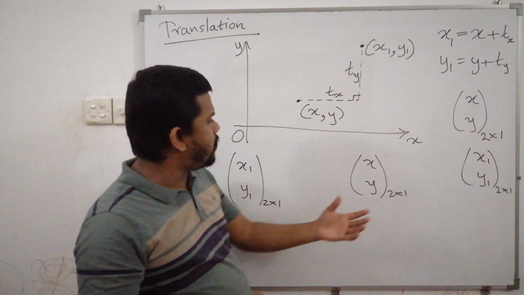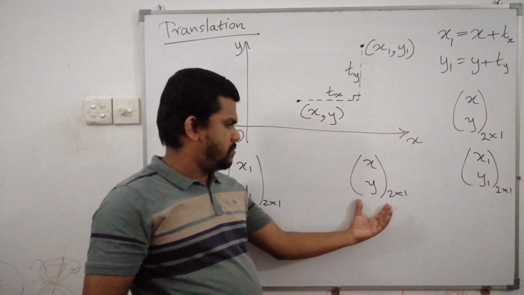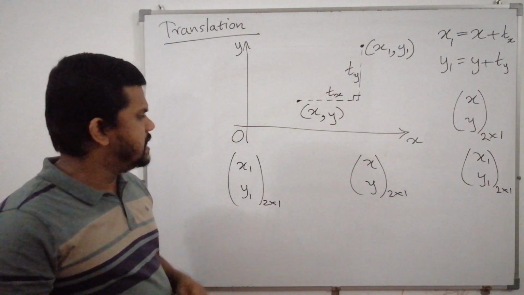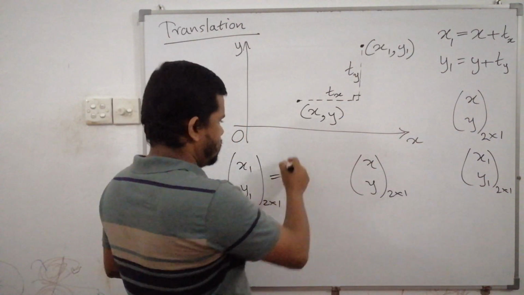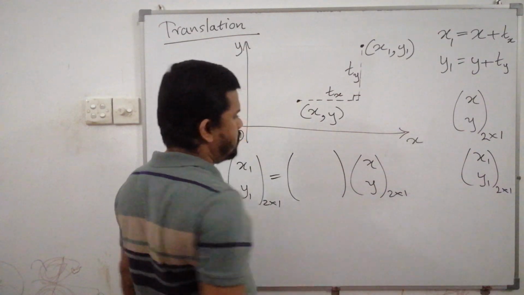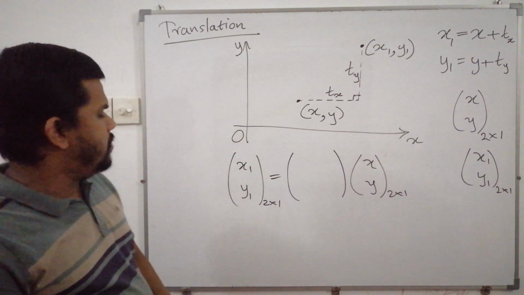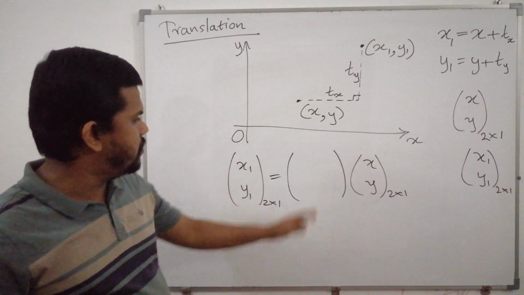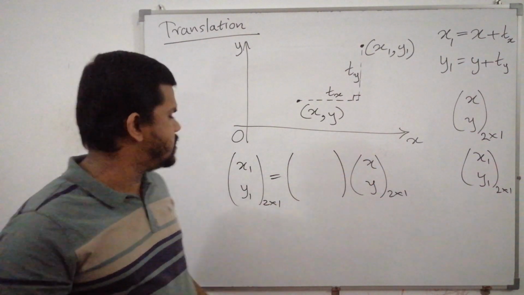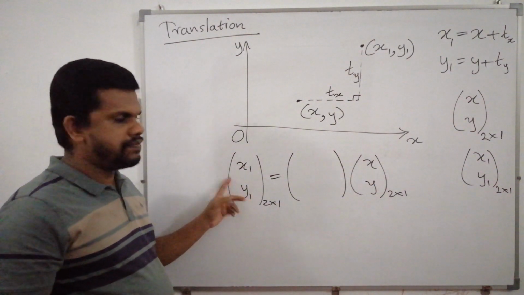Now we have to find a way to transform this matrix to this one. Let's put another matrix here. If we multiply these two matrices, we should get this one.